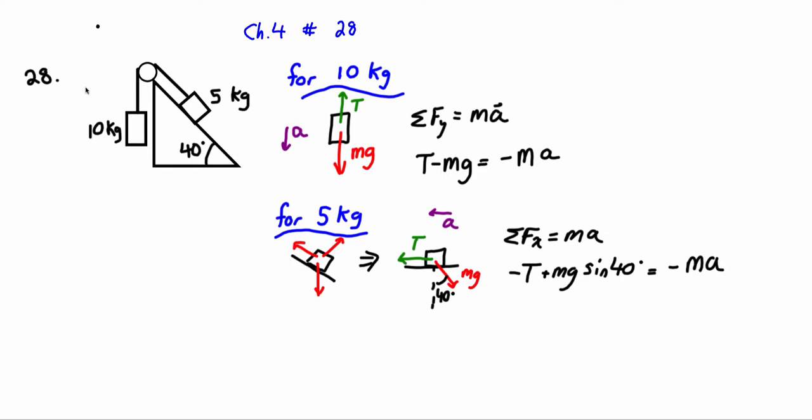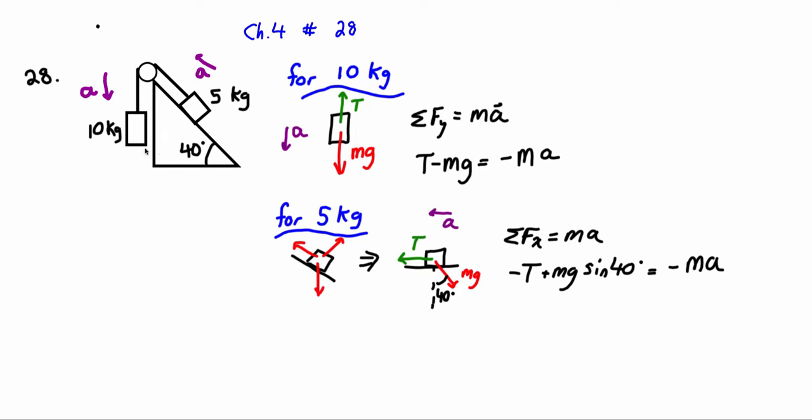And it tells me that this has an acceleration. So we can say the 10 kilogram mass is accelerating down, and the 5 kilogram mass is accelerating up the ramp. And it says that this is a smooth ramp, so that means there's no friction on the ramp and there's no friction on the pulley.